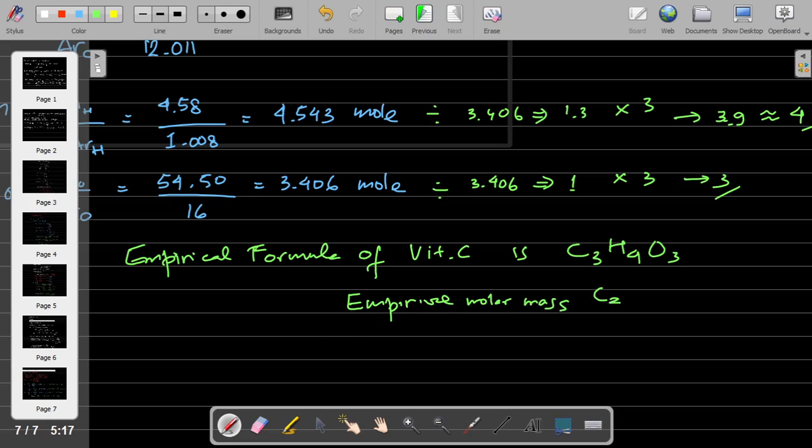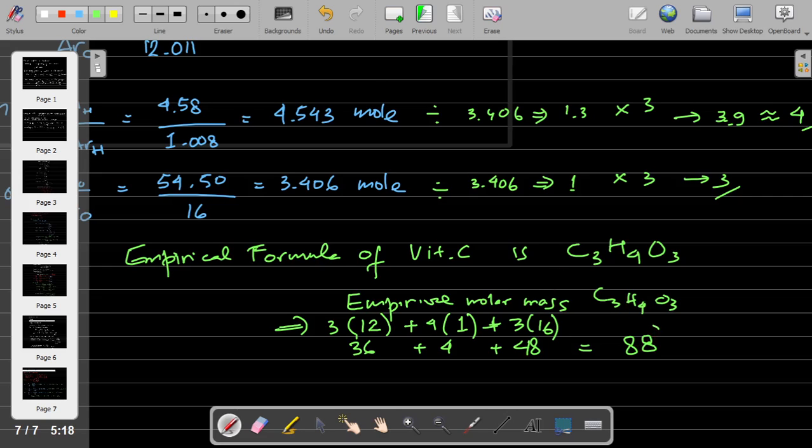The empirical molar mass of C3H4O3 is 3 times 12, plus 4 times 1, plus 3 times 16, so it will be 36 plus 4 plus 48, so the value will be 88. So this is the empirical molar mass.